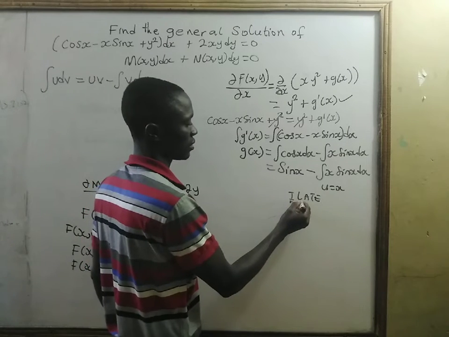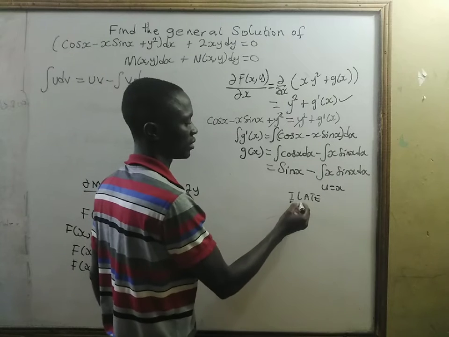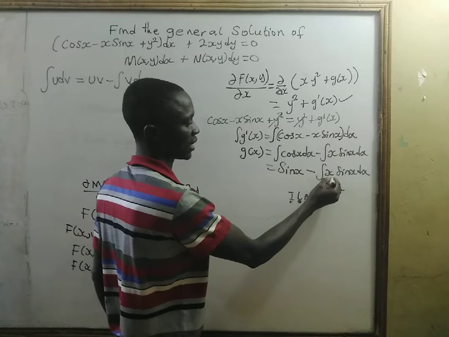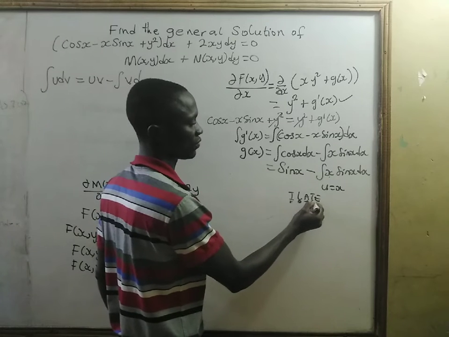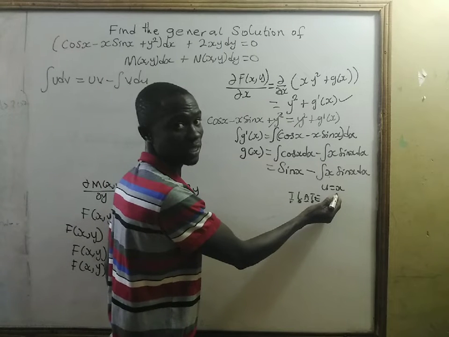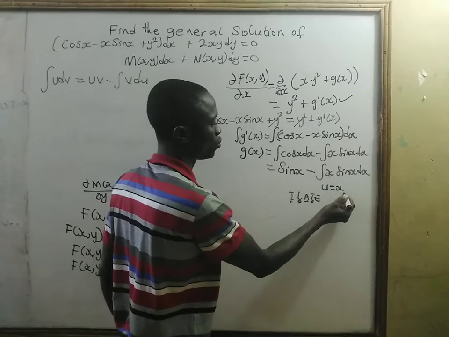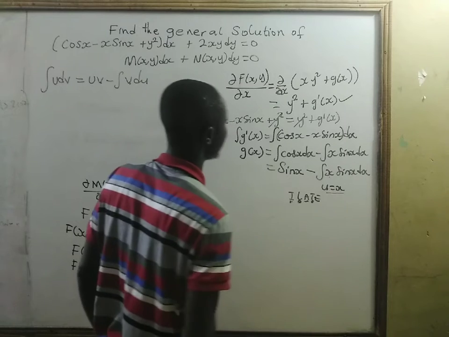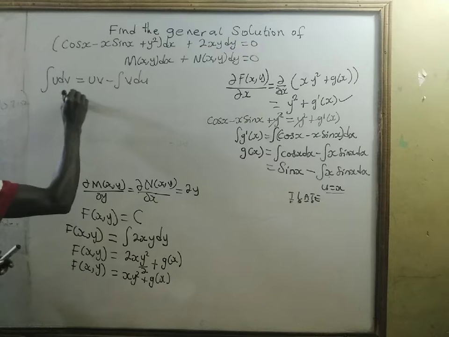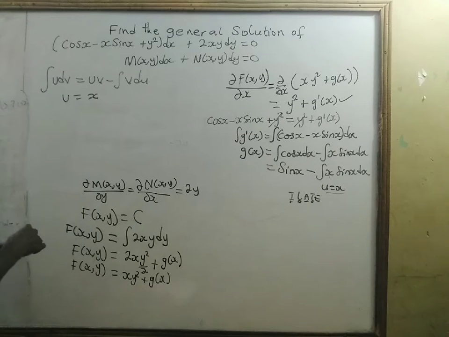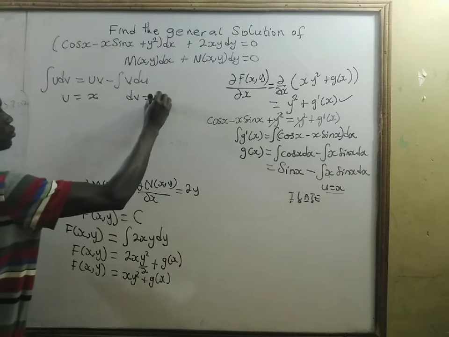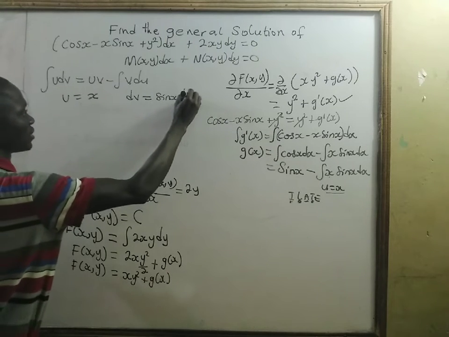If you don't have any inverse trig function, you don't have any logarithmic function, but you have an algebraic function, that is x, and you have a trigonometric function, that is sine x. So this one is easy for us to differentiate, so we are going to use this one as our u, and then we take this one as our dv. So here we take u equal to x, and then we take dv equal to sine x dx.